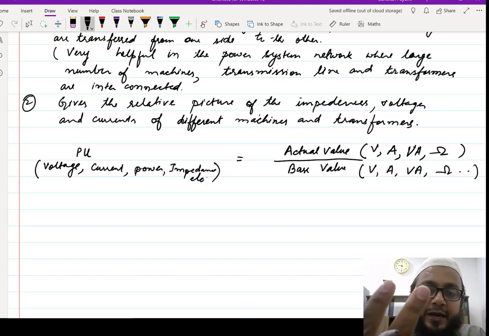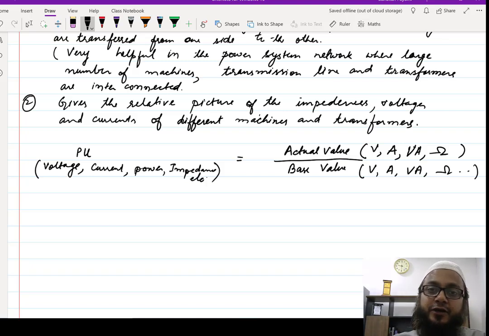We'll choose two base values, the voltage and the power. This is generally used, and then for the other regions we will calculate what the base values would be. Once we know the base value, we can easily compute the per unit system. And we will take up a problem where we will convert the actual network into a per unit system, and we will see the advantages of it.